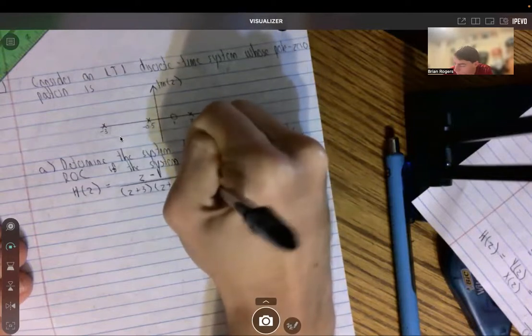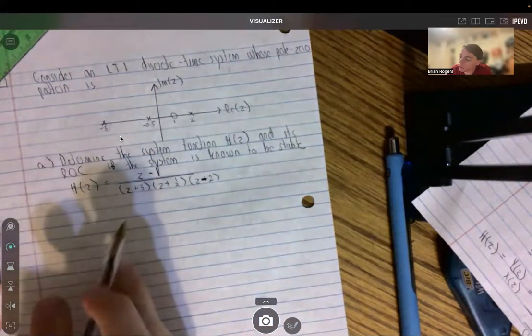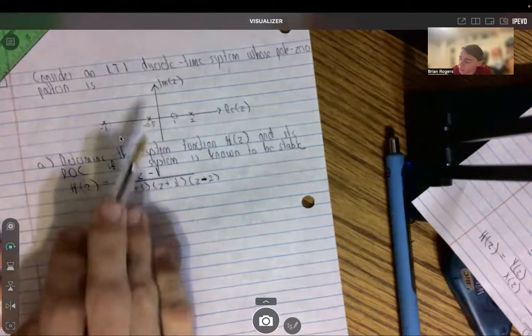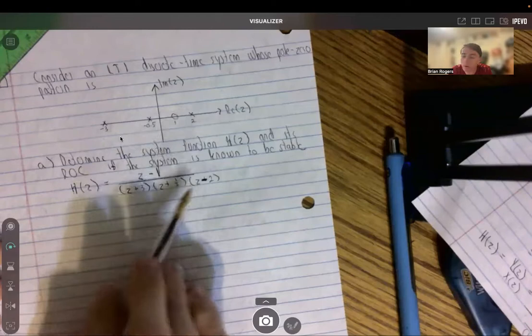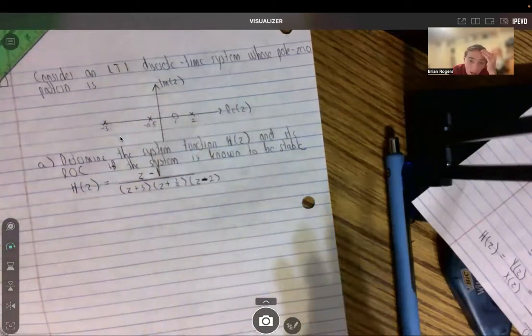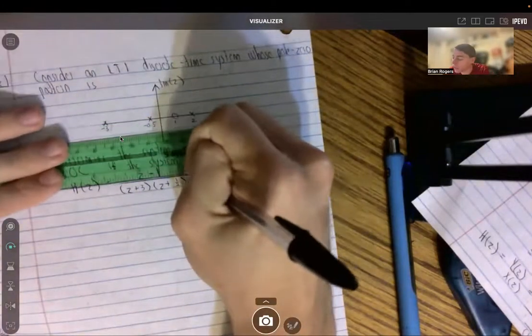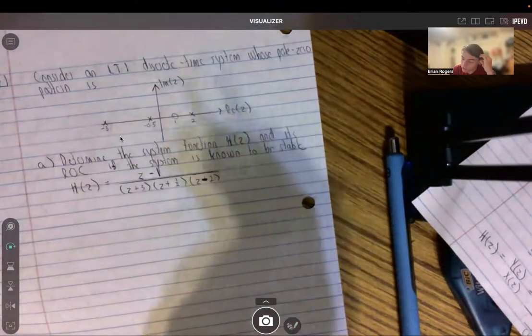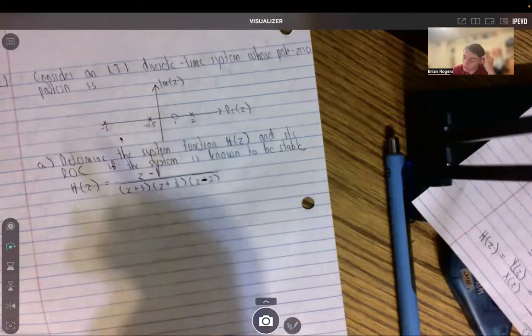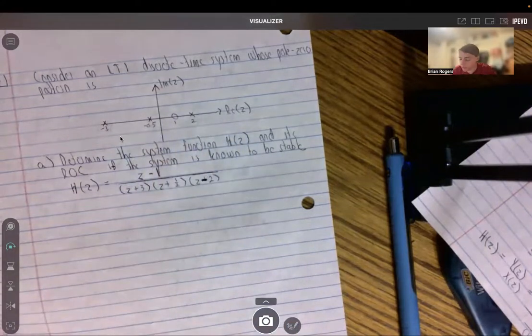My bad. Because remember, when you plug in -3, this cancels. When you plug in -0.5, this would cancel. When you plug in 2, it would give you the divide by 0 error. And so that's why we write it in this format. Because remember, your zeros make the numerator 0, and your poles make the denominator 0, and so then it'd be a divide by 0 error for your poles.